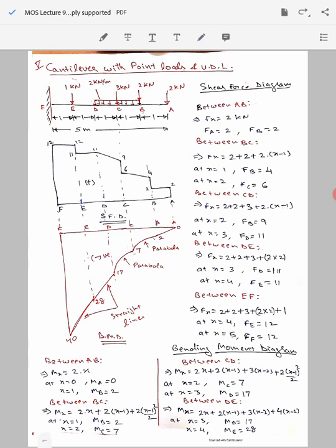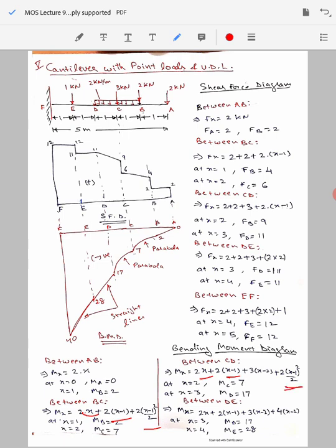Now we will calculate the bending moment for the portion CD. The same logic will apply over there also. So the first 2 terms will be the same as here, 2x and 2 into (x minus 1). Even the term because of the uniformly distributed load will also be the same.